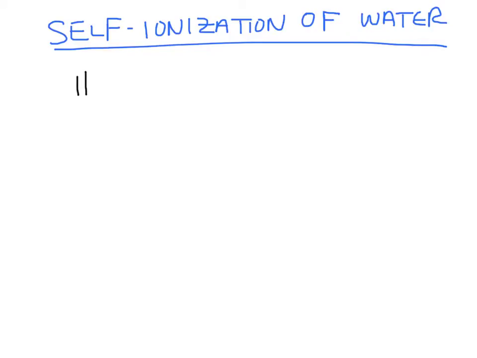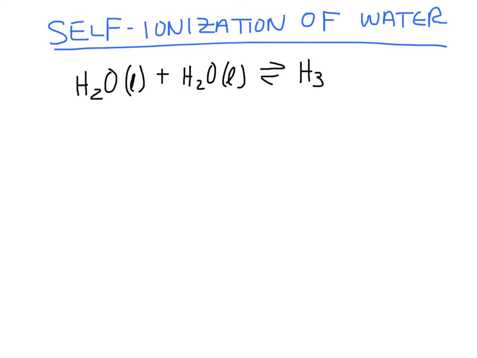So we have our water reacting with another water molecule, and one proton from one water molecule is transferred to the other water molecule. That's what happens. So we get our hydronium ion in solution and our hydroxide ion also in solution.